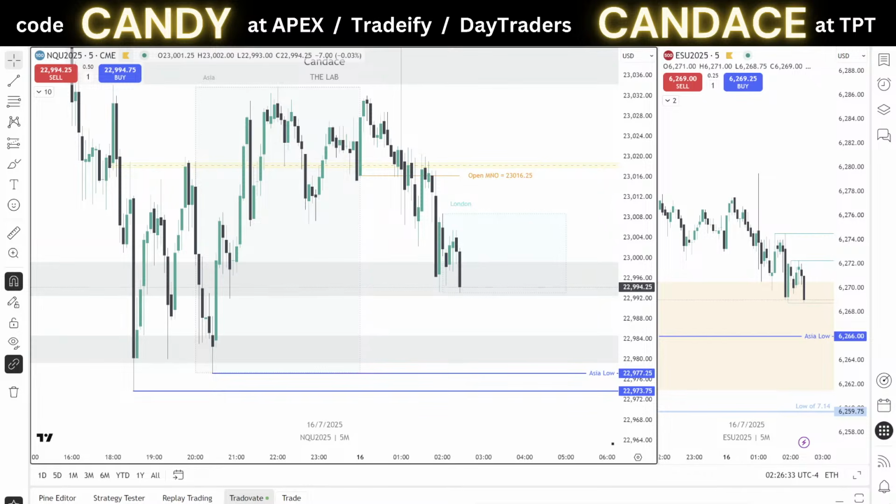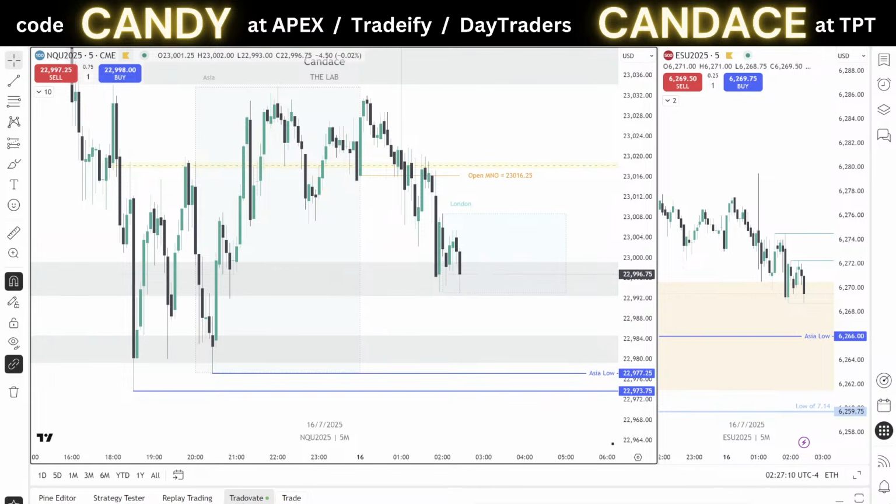Once Asia lows get swept, what would you look for to confirm your long entry? Let me think about that. Well, first I've got to see if there's a valid IFVG. Also, I've got to see the speed of the candle move, which we can see on Trader Bay or Project X or NinjaTrader, because TradingView's candlestick move is lagging.